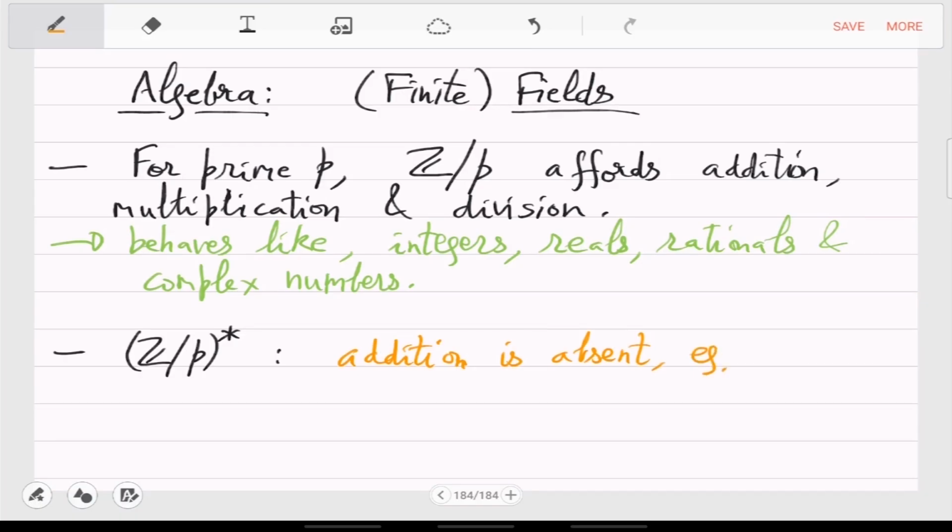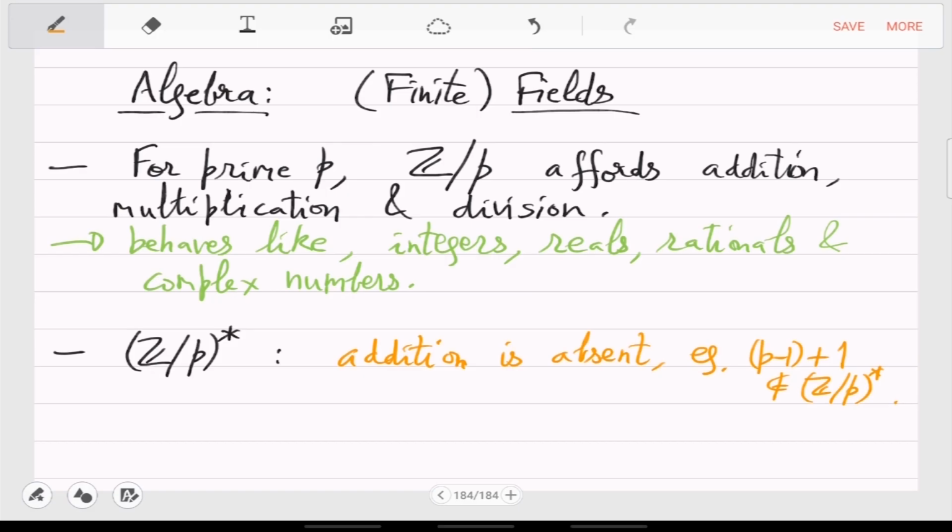Addition is absent because P minus 1 plus 1: both 1 and P minus 1 are elements, but the sum is not. So the addition operation is not for free. You slightly change the set, and then you cannot really do addition because you will go out of the set. And obviously, if you make the set smaller, then it will only get worse. So addition goes out. What else goes out?